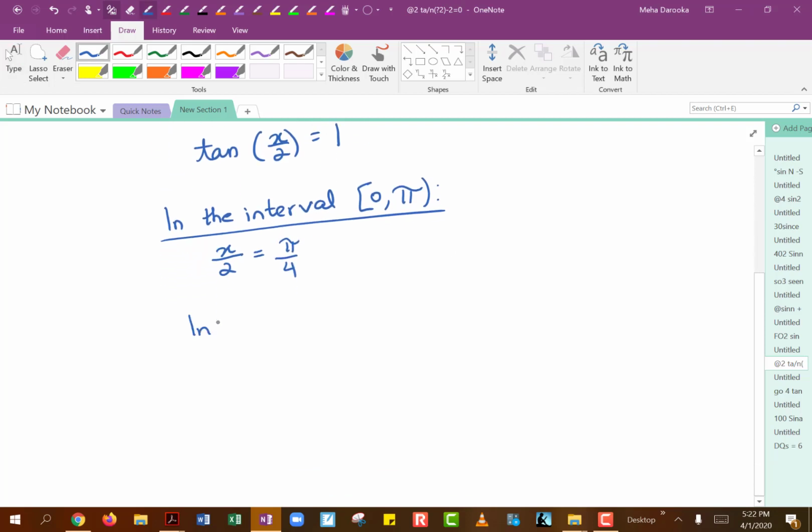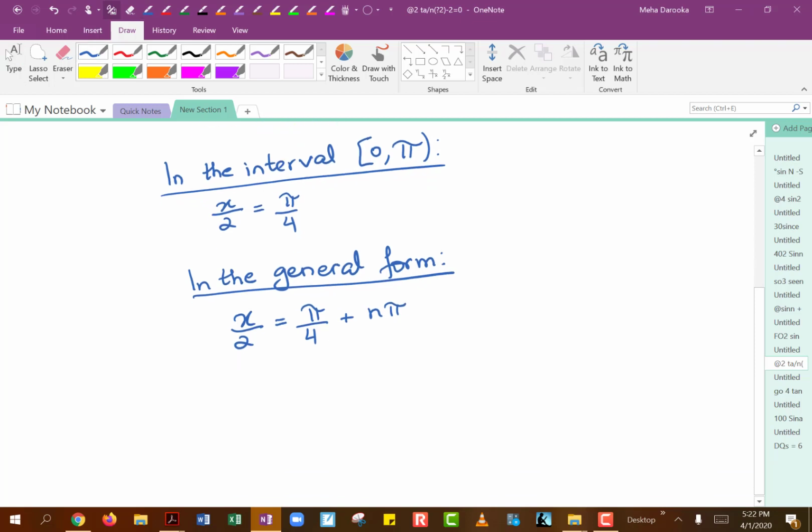So in the general form, this answer will now become x over 2 equals pi over 4, and then again remember, tangent has a period of pi, so you will be adding n times pi. And then to get our x by itself, we're going to end up multiplying both sides of this equation by 2.